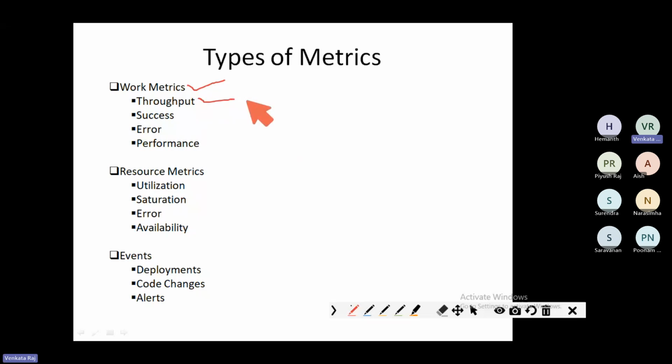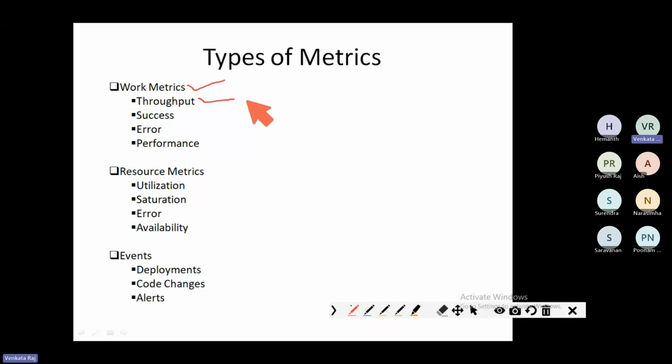Yes or no, everyone? Similarly, success means how many requests are successful. Error means how many requests errored out, or what is the error rate. Then the performance of the application. These all are my work metrics, guys.